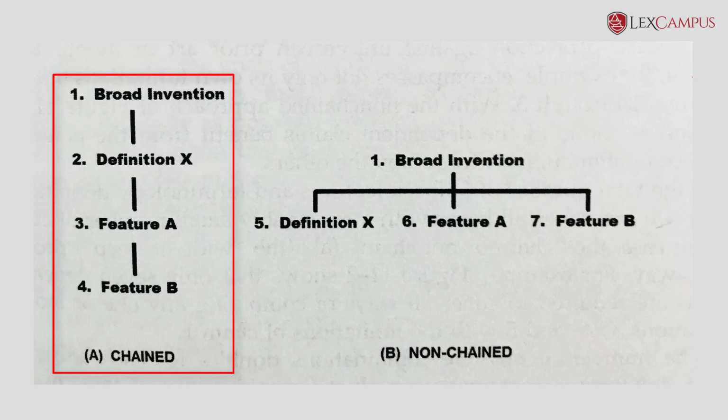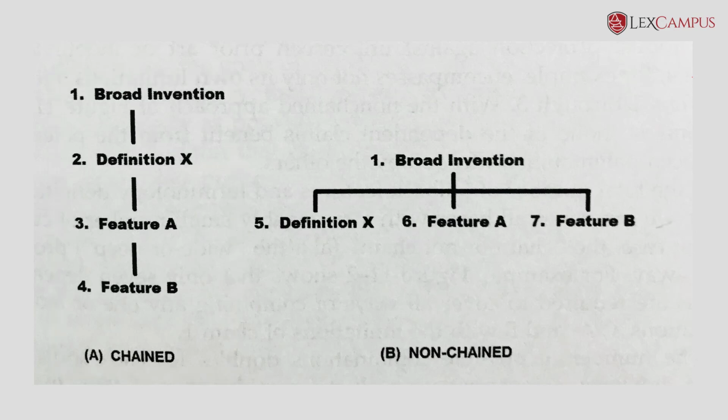So you have the broad invention as the independent claim followed by 2, 3 and 4 dependent claims which are dependent because in claim 2 you introduce an element X and define it. In claim 3 and claim 4 you introduce features of element X and define them or introduce them and tell how it works.